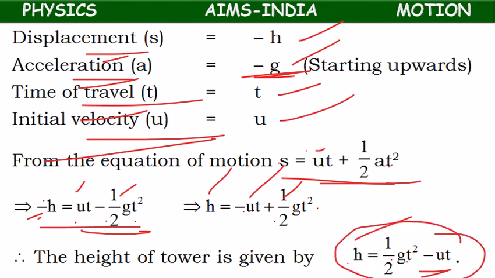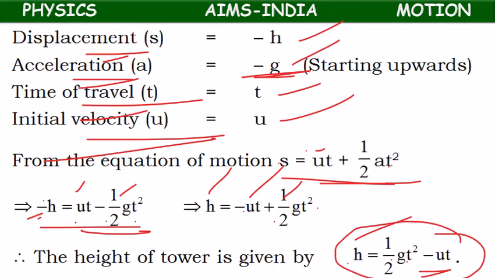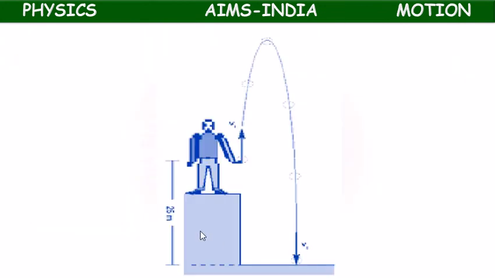What is h here, children? h is nothing but the height of the tower. If you are throwing from a tower, then what is the height of the tower? Based on this motion of the body, you can calculate the height of the tower.